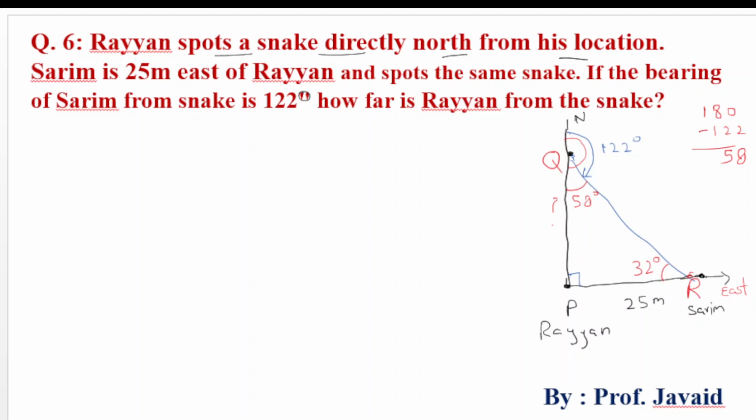So now let us apply tan theta. As we know, tan theta is equal to what? As I write all for your understanding, sine is perpendicular over hypotenuse, and cos is base over hypotenuse, and tan theta is equal to perpendicular over base.